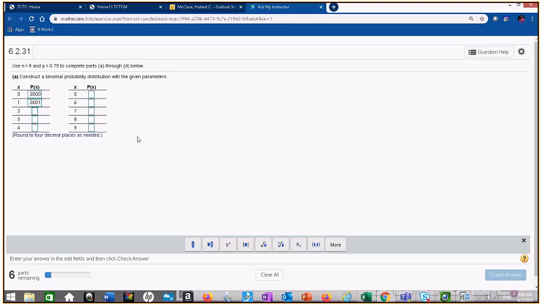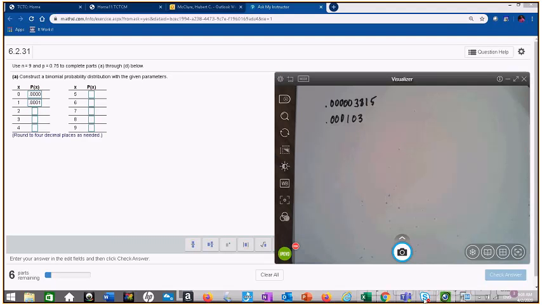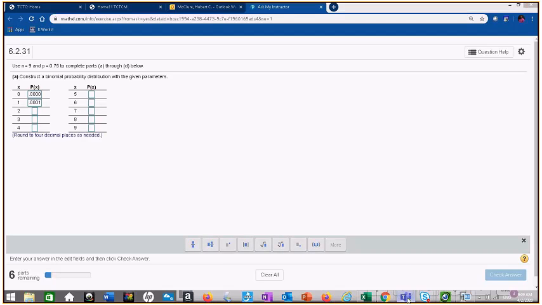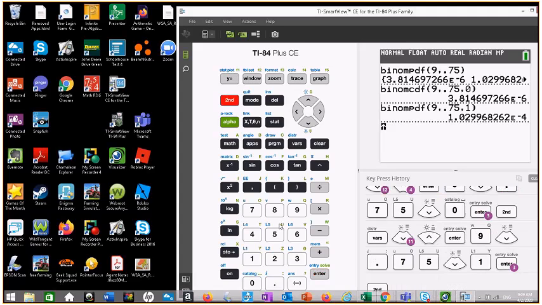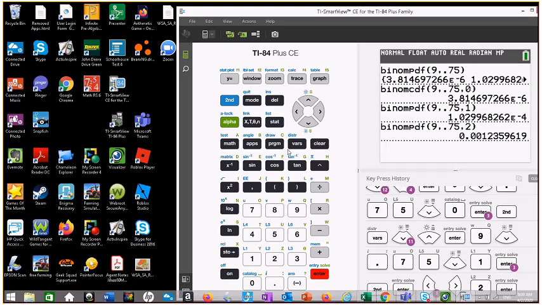Next one, type in 2. I'm just going to use my second, enter, and I'm just going to type in 2. And that's going to give me 0.0012.